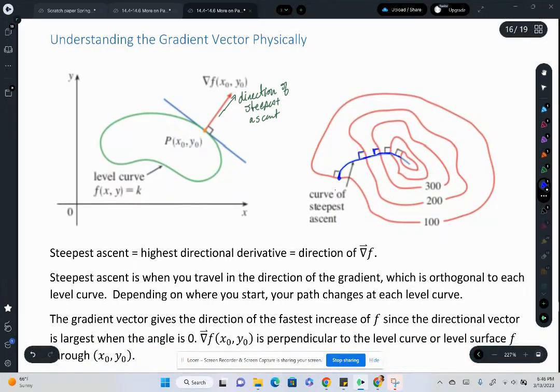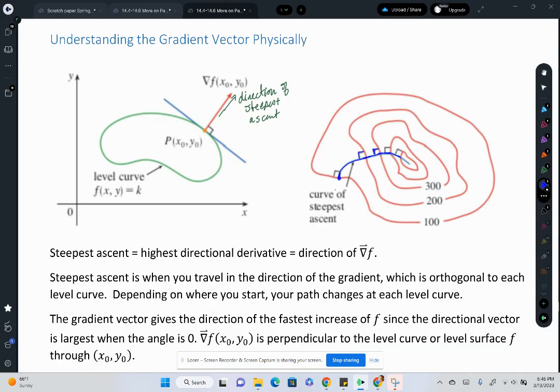Okay, so the steepest descent is when you travel in the direction of the gradient, which will always be orthogonal to the level curves. Depending on where you start, your path changes at each level curve. So if I had started somewhere else, my path would be different. It would look different.